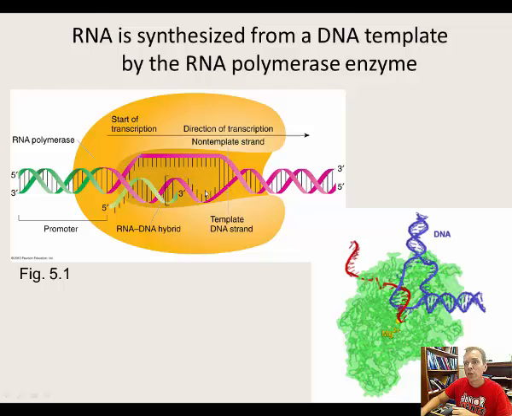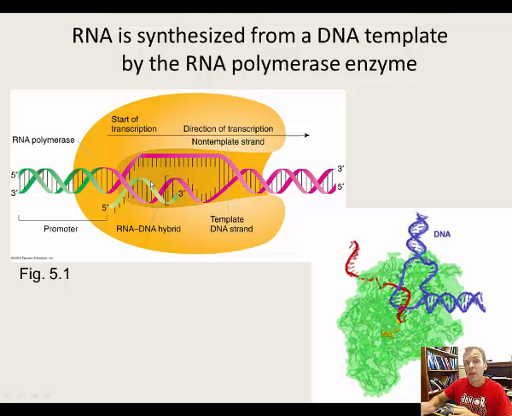It copies the template strand, which is shown here on the bottom, and this portion up here is called the coding strand. You'll notice that the direction the RNA polymerase travels is the same as it is for DNA polymerase. It synthesizes the new strand in the 5' to 3' direction, and it moves along the template in the opposite direction, in the 3' to 5' direction.